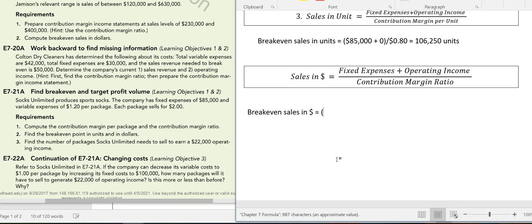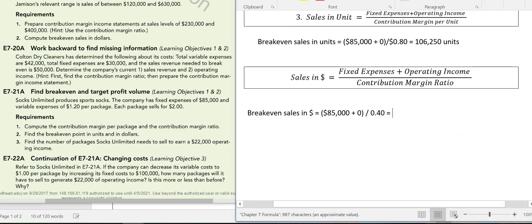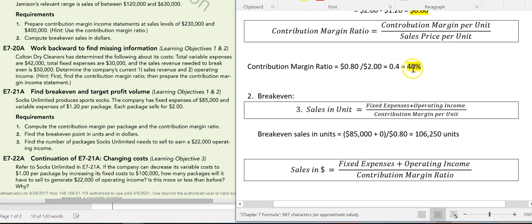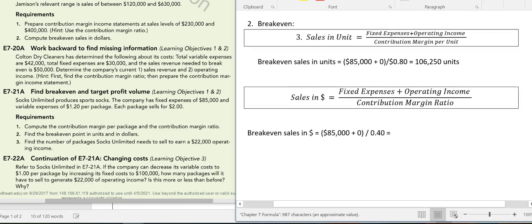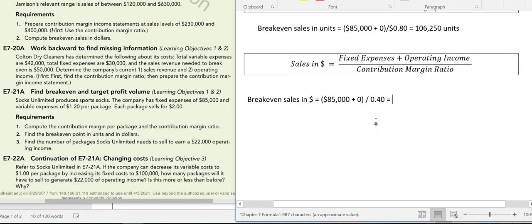So again, numerator at the top part is same, $85,000, which is our fixed cost at break-even. Our operating income is 0, and we're gonna use our contribution margin ratio, which we just calculated here, 0.4. Or 40%. 40% means 0.4. Now if you do the math, please take your calculator. 85,000 divided by 0.4.